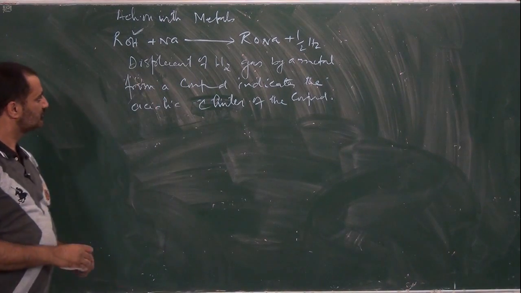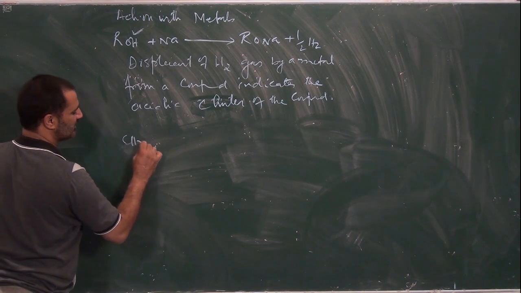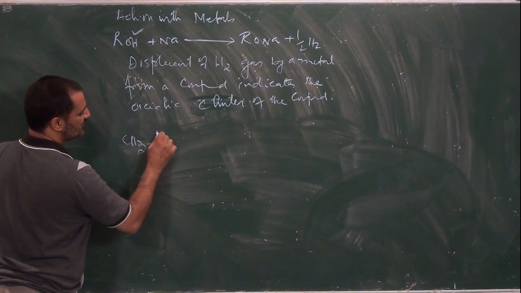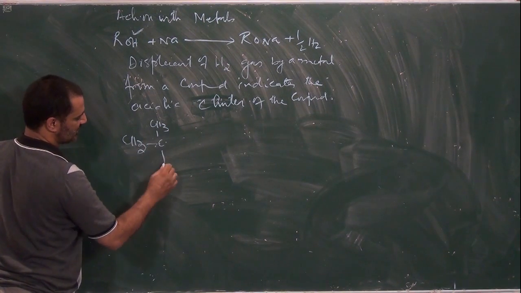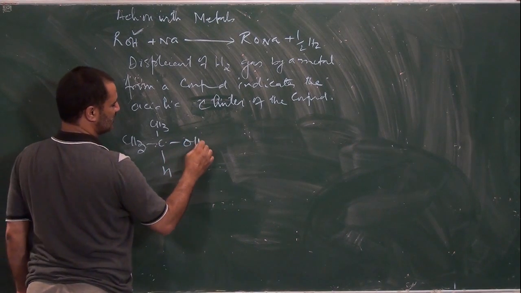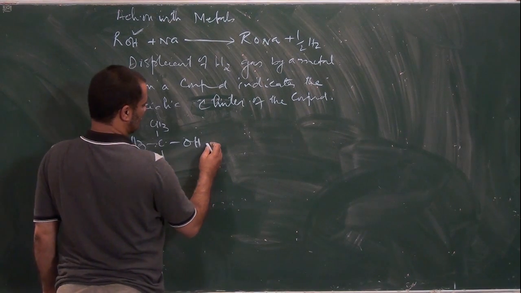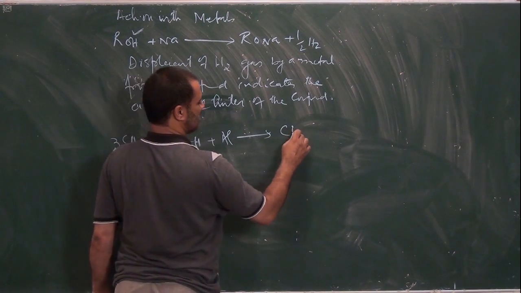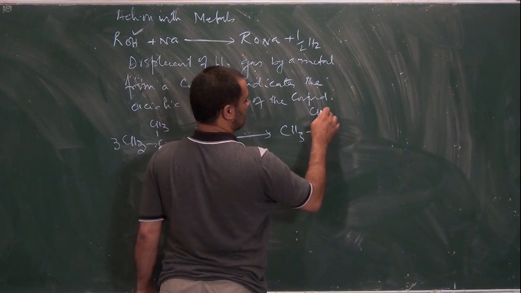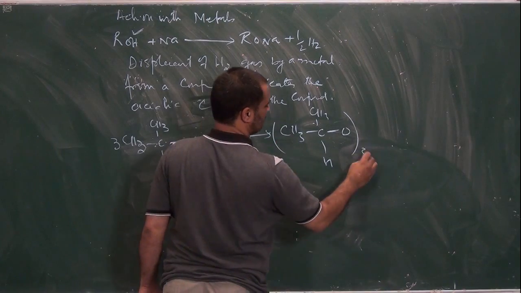Now, for example, CH3 CH(CH3) OH, three times, plus aluminum gives (CH3 CH(CH3) O)3 Al.